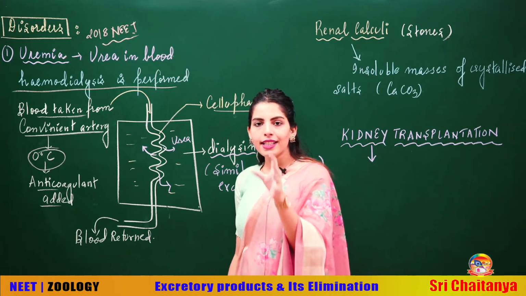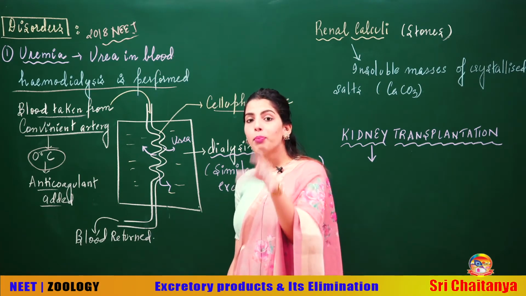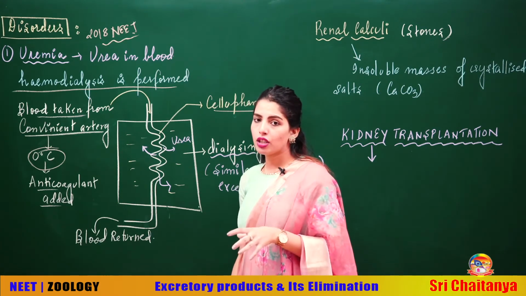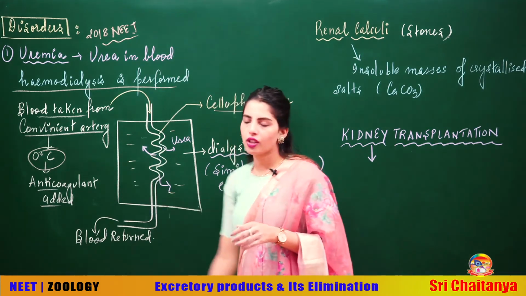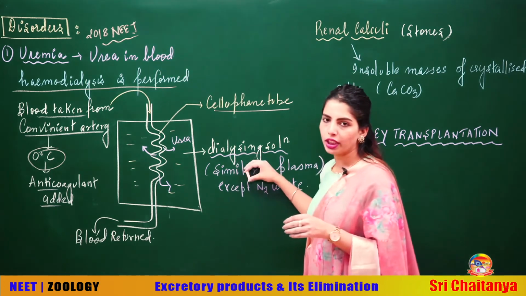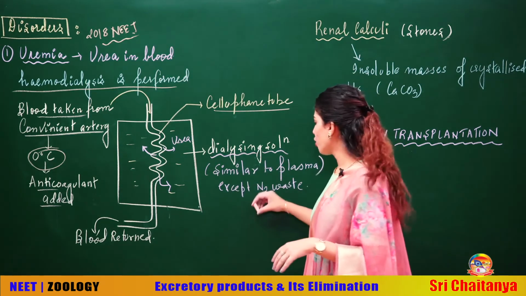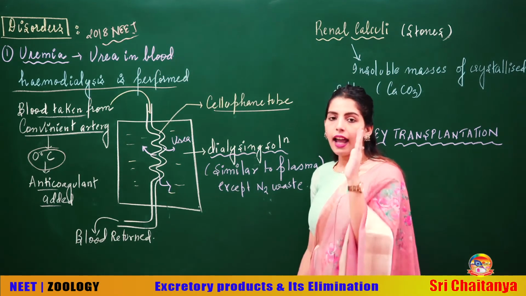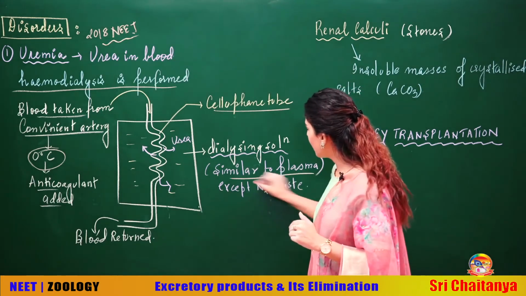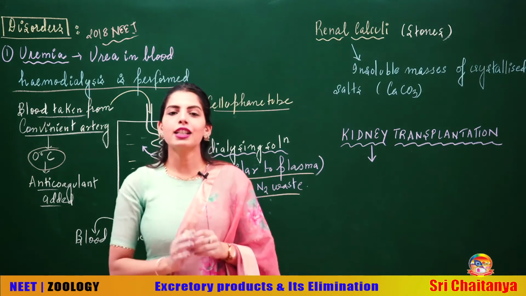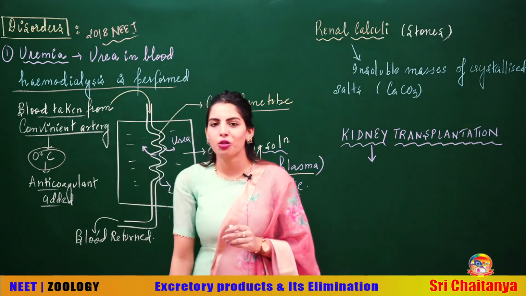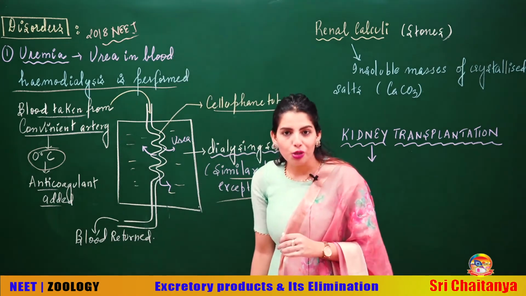Now when you pass the blood, the cellophane tube is in contact with a solution which is called dialyzing solution. Now you need to remember the composition of the dialyzing solution. I have mentioned that the composition is similar to blood plasma except the nitrogenous waste. Why is it so, students?